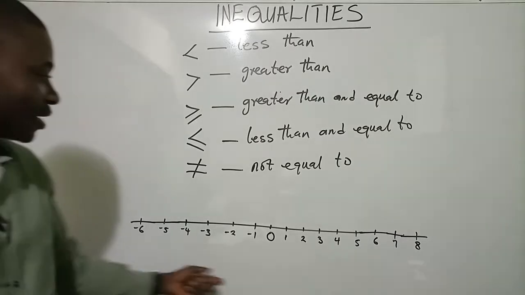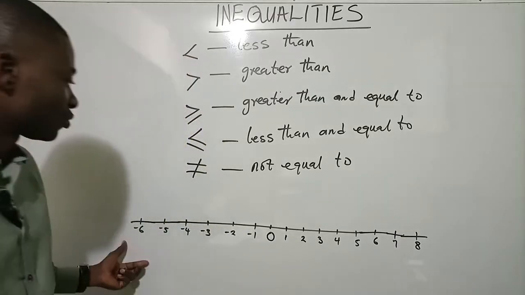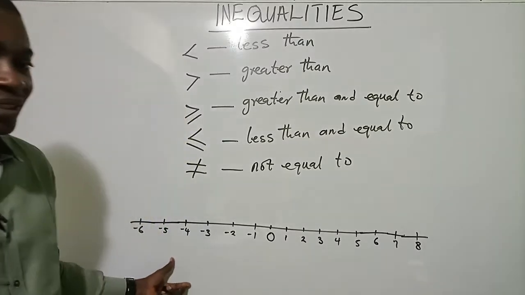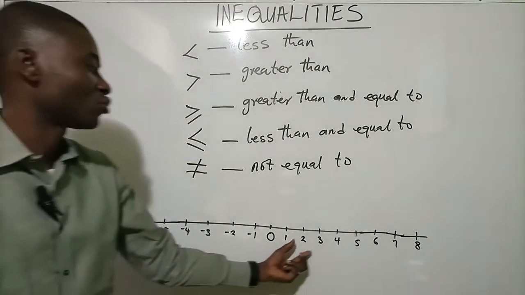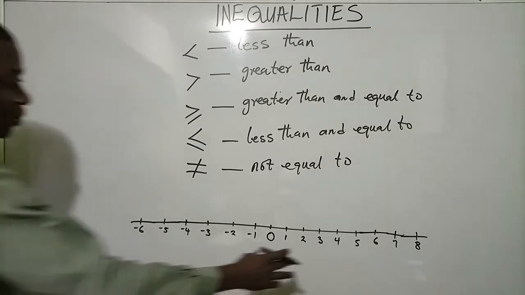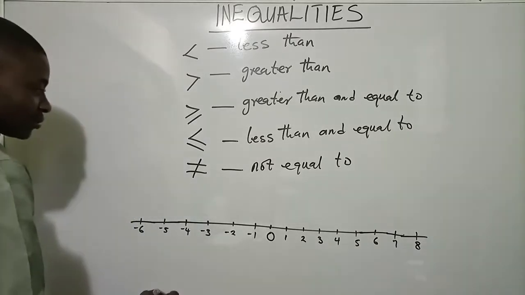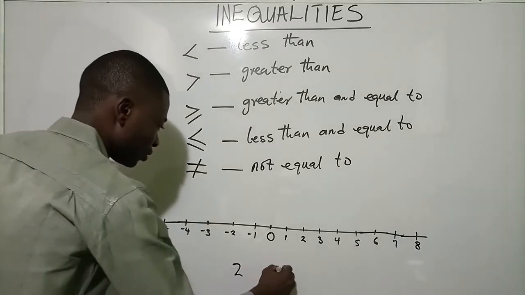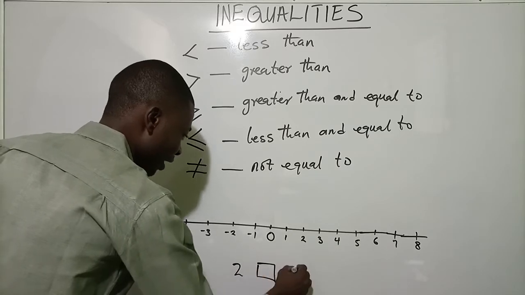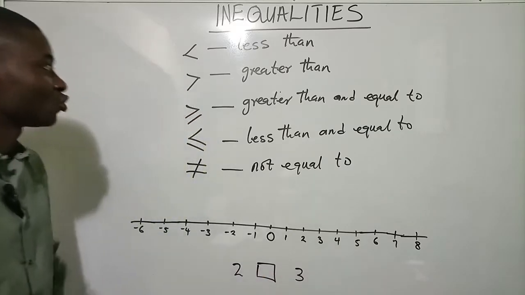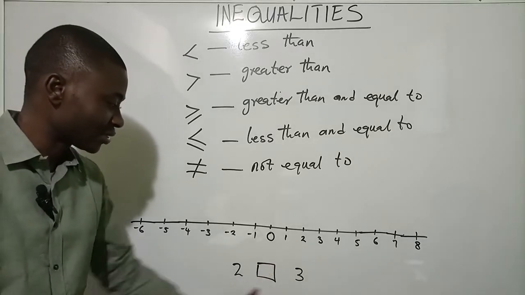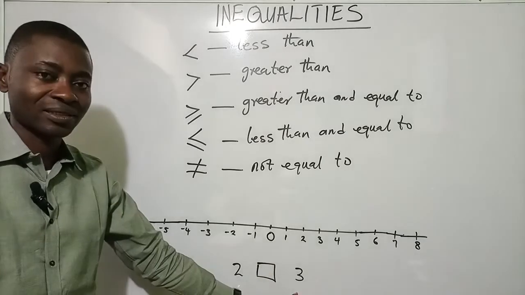Now, when you have numbers like this, you should be able to tell the one that is greater or the one that is less. For instance, if I pick two numbers, let me start from this side. I'm taking 2, and I put a box here, and I put 3 here, and I ask you which of these signs can enter here so that this will make sense.